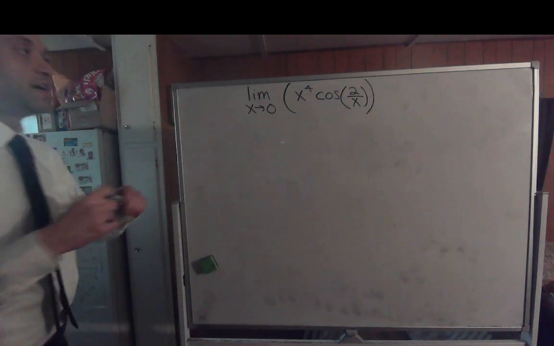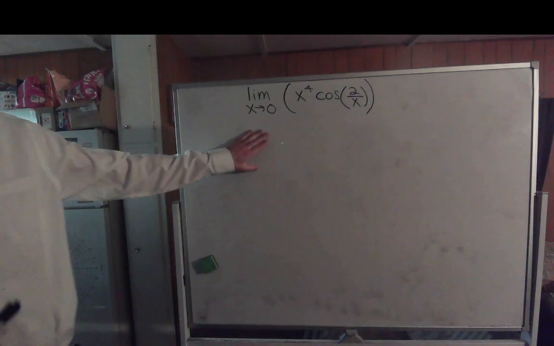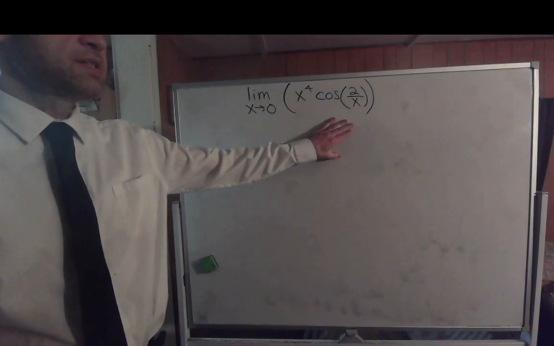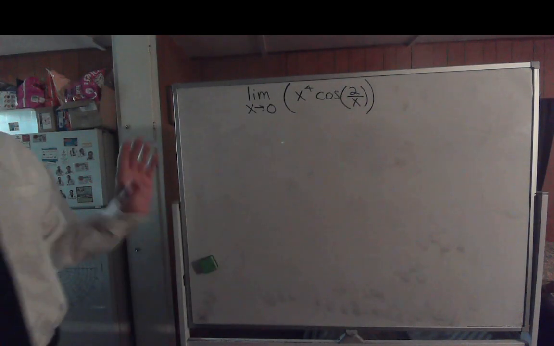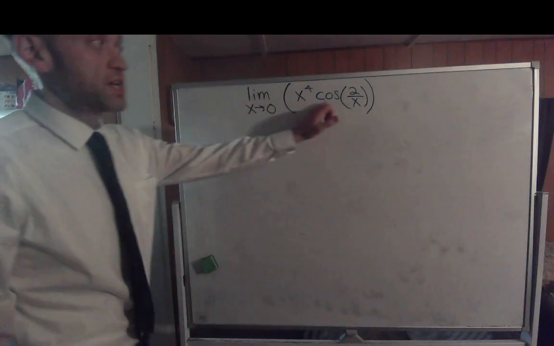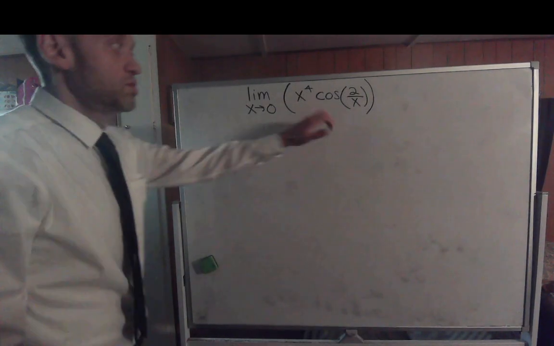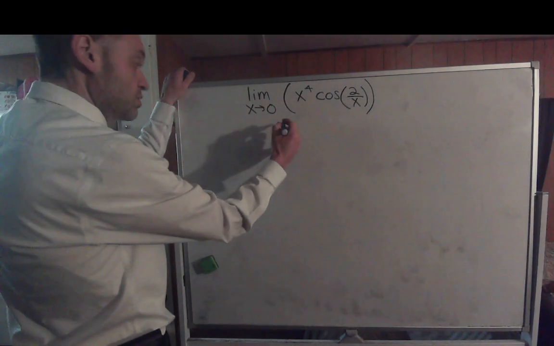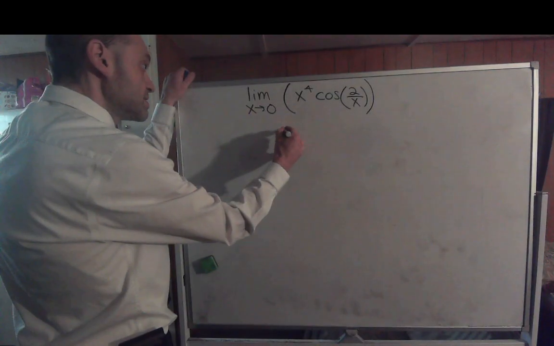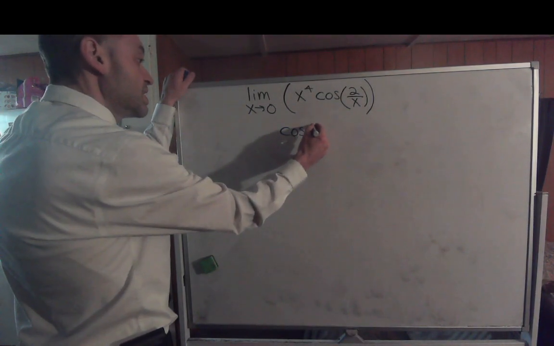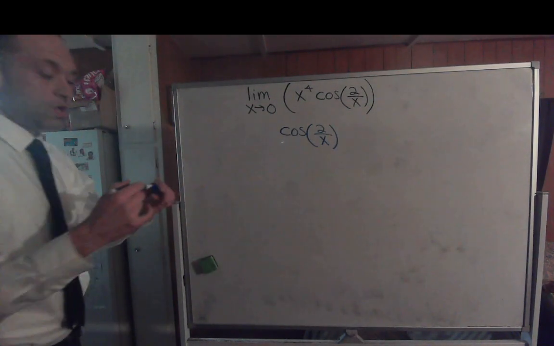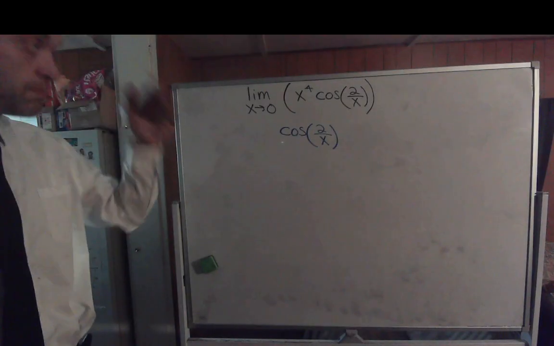So we want to find the limit as x approaches 0 of x to the 4th cosine of 2 over x. Well, when you start out, just look at the trig piece of this. Don't consider the x to the 4th just yet. Let's just deal with the cosine of 2 divided by x.